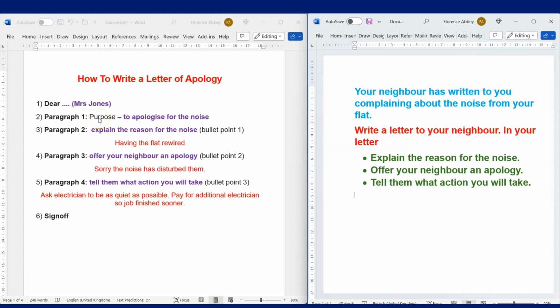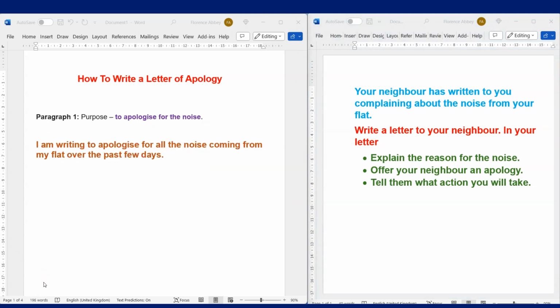We're going to write the purpose of the letter. As I stated, we've already decided on the greeting. So we will start with the first paragraph, and in the first paragraph, we are going to write the purpose of the letter. So in this first paragraph, you state the reason for writing the letter, and that is the purpose.